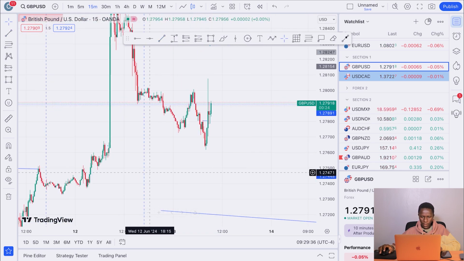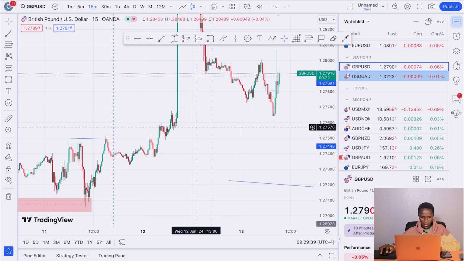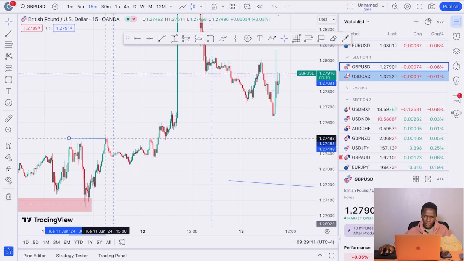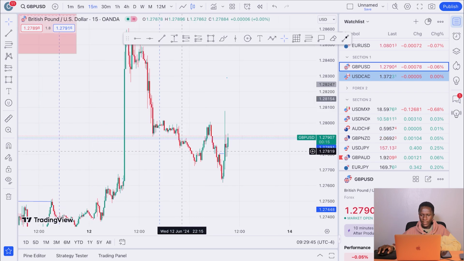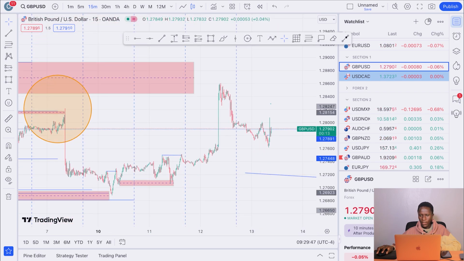So here, when you look into this CPI, it hit in favor of the market structure, because the market structure had already shifted from sells to buys. So whenever you're following your market structure, you don't have to worry about the fundamentals.